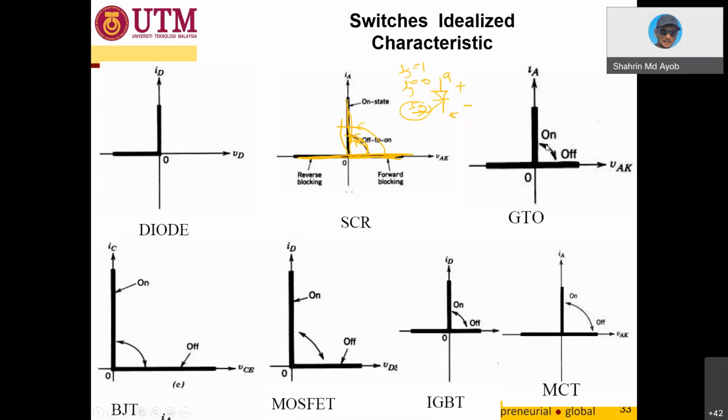The only difference with the GTO, the GTO is like this. We have already seen it. This is the anode and cathode. We have this one, you have a two-way arrow, meaning that it can either turn on or turn off, whether on to off or off to on.